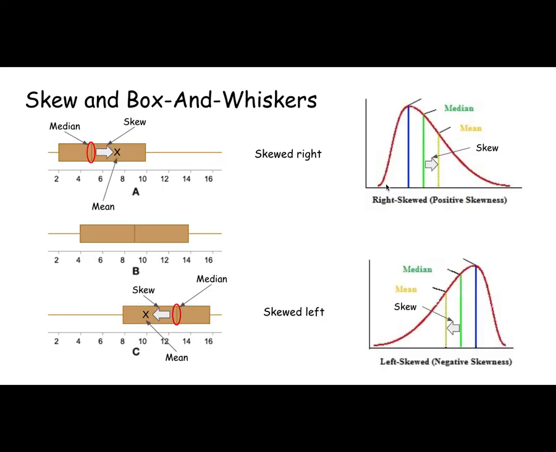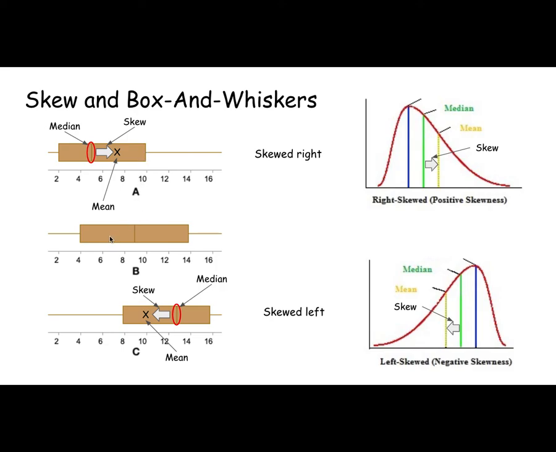Now, the box and whiskers can also be used to show that your data is skewed. So if your data is skewed, you're going to expect to have data hanging out beyond the 25th percentile or beyond the 75th percentile.